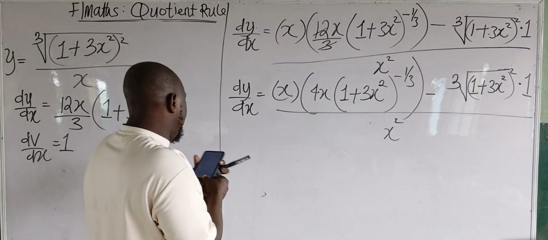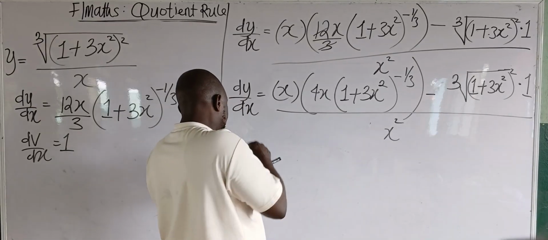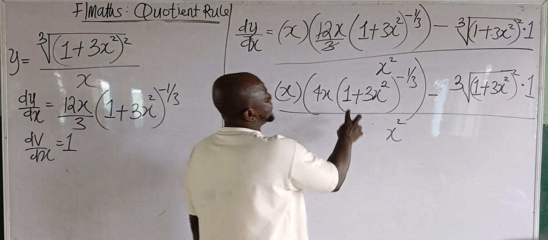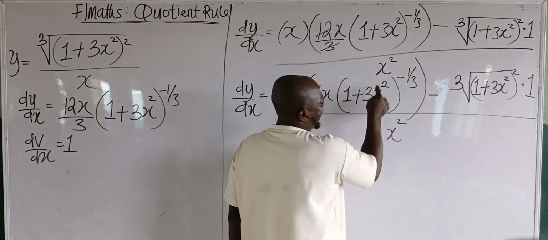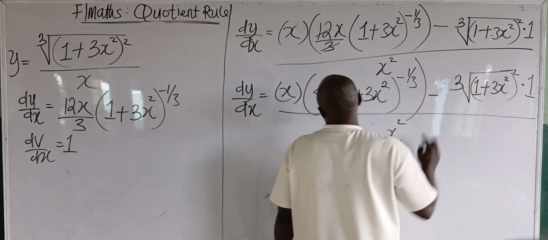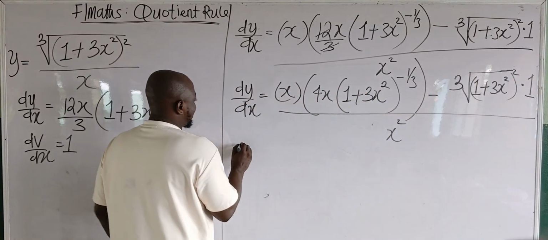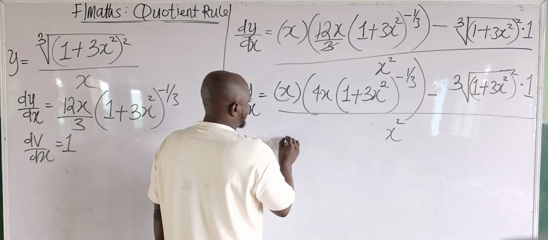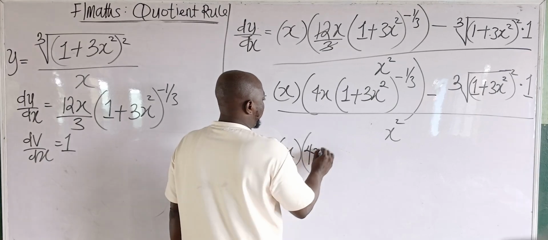Now, what do we now know as we go forward? Since I'm seeing 1 plus 3x squared here, let me remove these roots. If I do that, I will know that this value will give us x here into bracket 4x here.